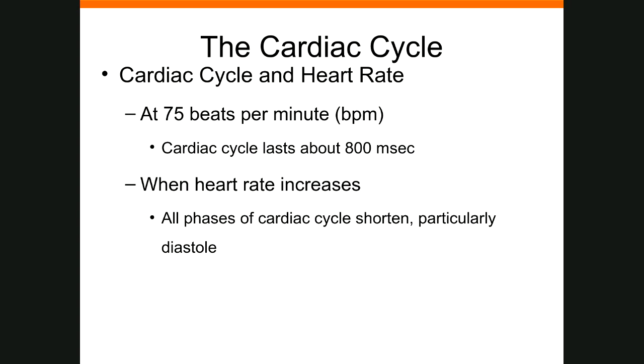Usually at 75 beats per minute, the cardiac cycle lasts about 800 milliseconds. When the heartbeat is increased, all the phases of the cardiac cycle shorten, particularly the diastole, which is the relaxation part, all right? The systole is the contraction part.